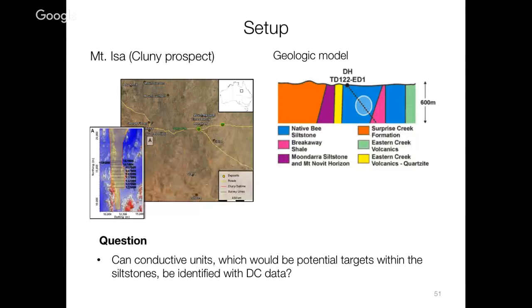The question of concern is, okay, can conductive units, potential targets within the siltstones, can they be identified with DC data? Couple of units of siltstones here, and we've got a conductor that might be mineralized. I'm going to find that guy.